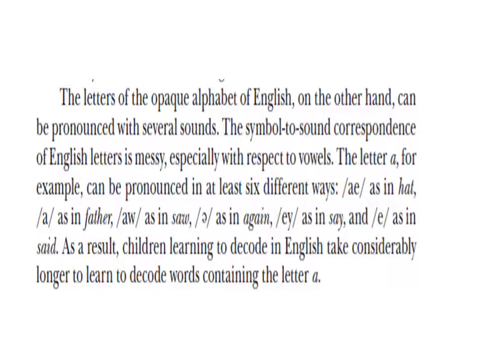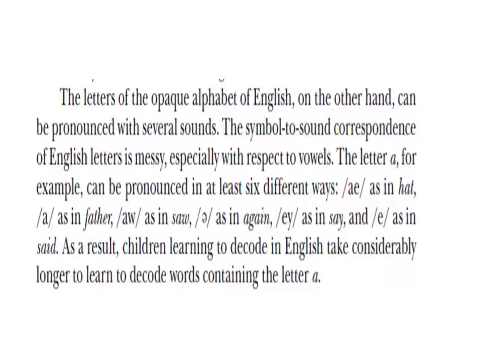The letters of the Roman alphabet of English, on the other hand, can be pronounced with several sounds. The letter to sound correspondence of English letters is messy, especially with respect to vowels. So in English, sometimes we have difficulty with pronouncing vowels because vowels can be pronounced in different ways in different words.